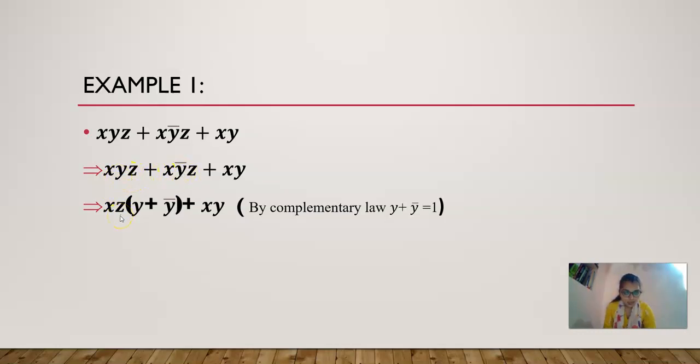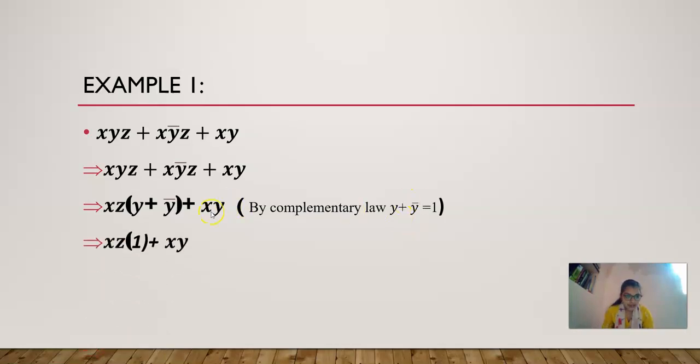Taking xz out, what will be remaining in the expression? Y over here and y bar over here. So, taking xz out, what will be remaining? Y plus y bar, plus write xy as it is. What does your complementary law say? Complementary law says that y plus y bar is equal to 1. Then, why are you waiting for?